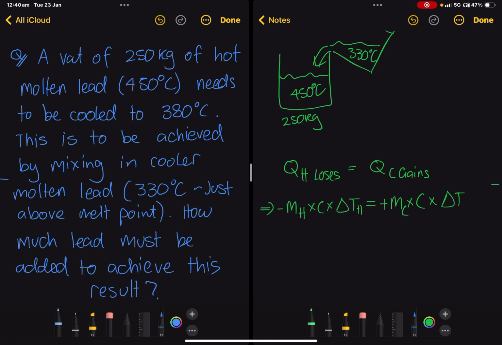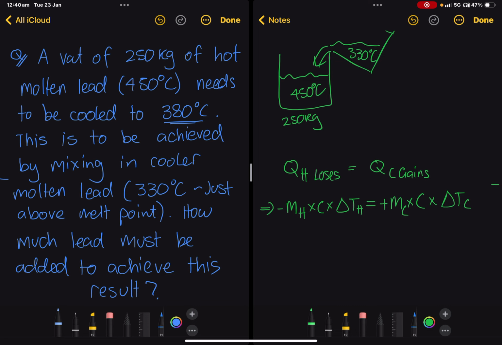So this is change in temperature of the hot lead, change in temperature of the cold lead. Essentially, you're going to mix them together. The cold lead's going to get a bit hotter. The hot lead's going to get a bit colder. And this equation is going to give us the ratio of the masses needed in order to achieve the 380 degrees Celsius, which is our target.